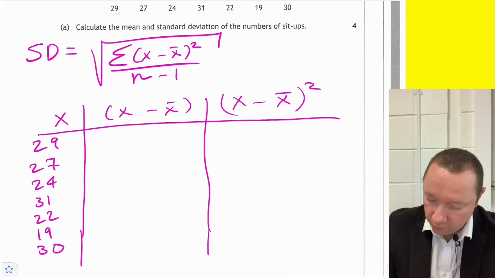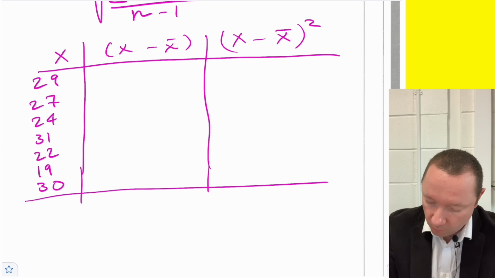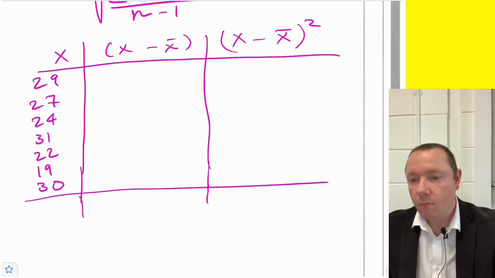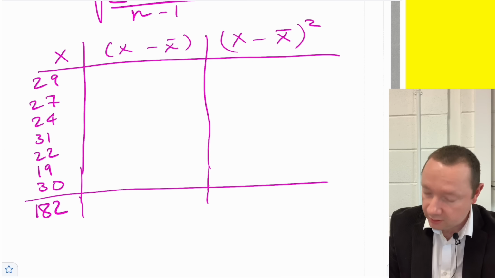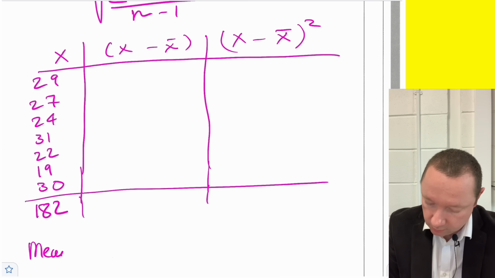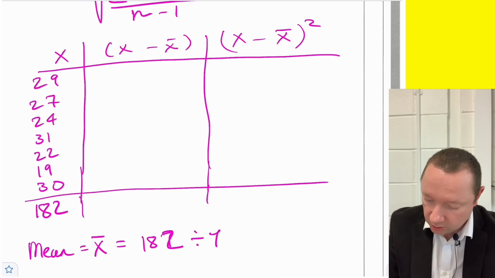And we need to total the numbers and get a total at the bottom. So the total of the numbers is 182, which means the mean, x bar in other words, is 182 divided by the number of people, which is 7.